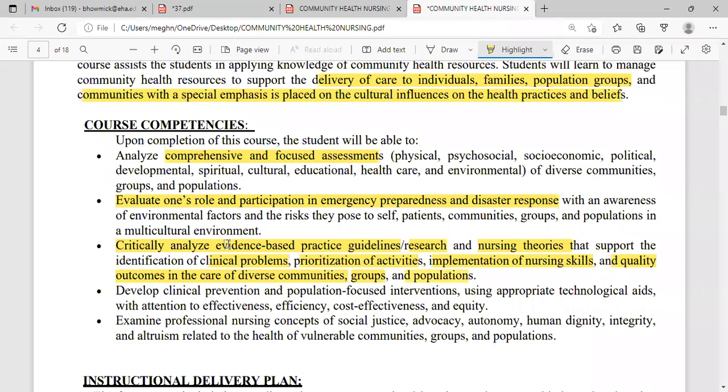So you see, a good RN is able to identify the disease. What is the clinical problem?